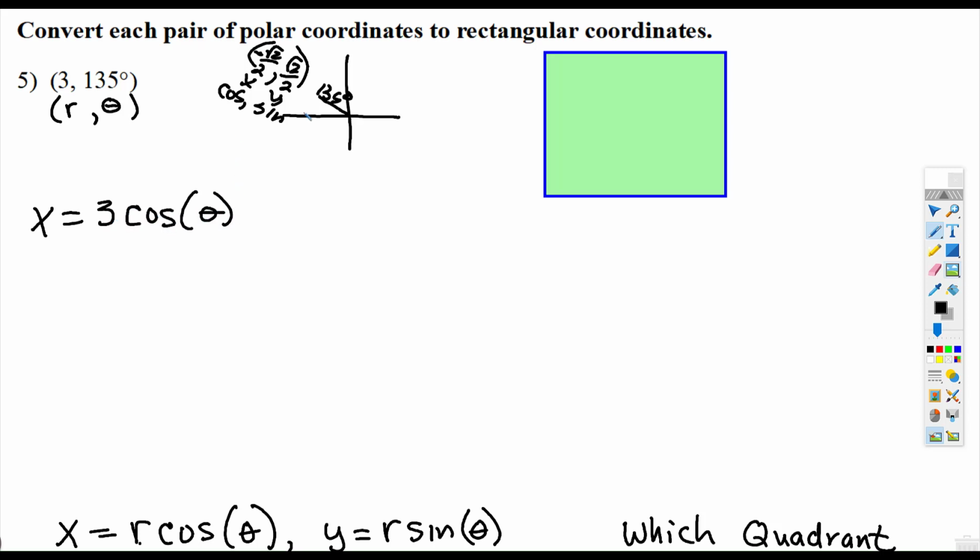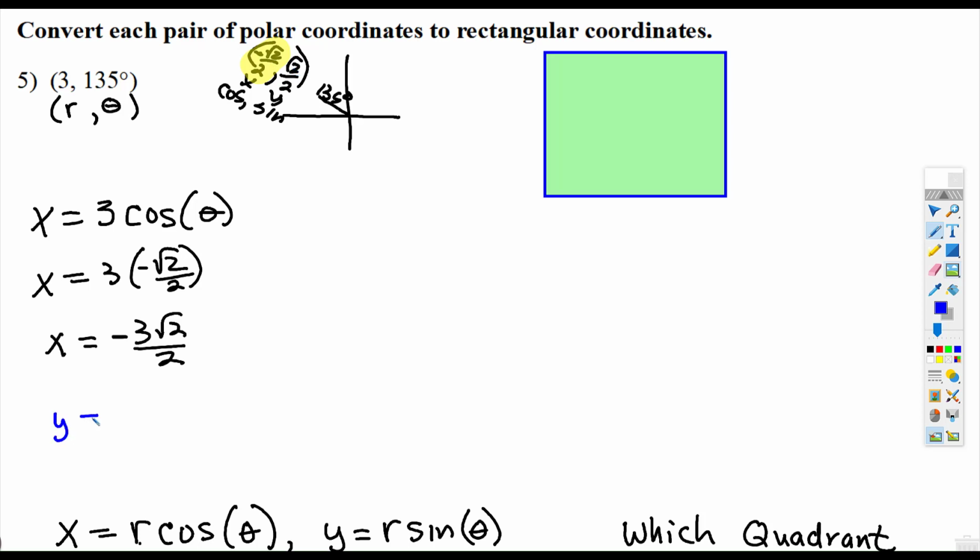So now when we want to find the x value, it's the radius times the cosine of theta. But since 135 degrees, the cosine of that theta is negative root 2 over 2. So x will be negative 3 root 2 over 2. And for the y value, well, notice those are almost the same. Root 2 over 2, root 2 over 2, one's negative, one's positive.